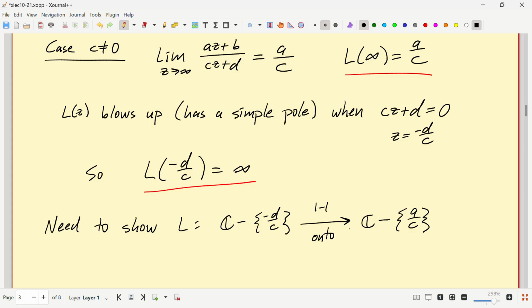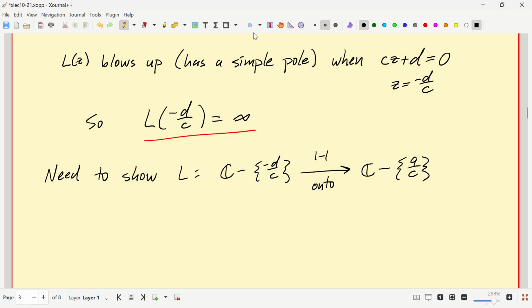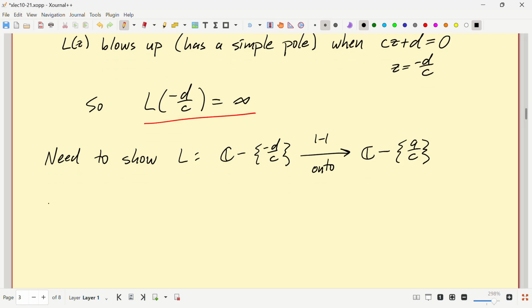Where there's no blowing up, it's 1-to-1 onto. And that turns out to be really easy. It's junior high math.